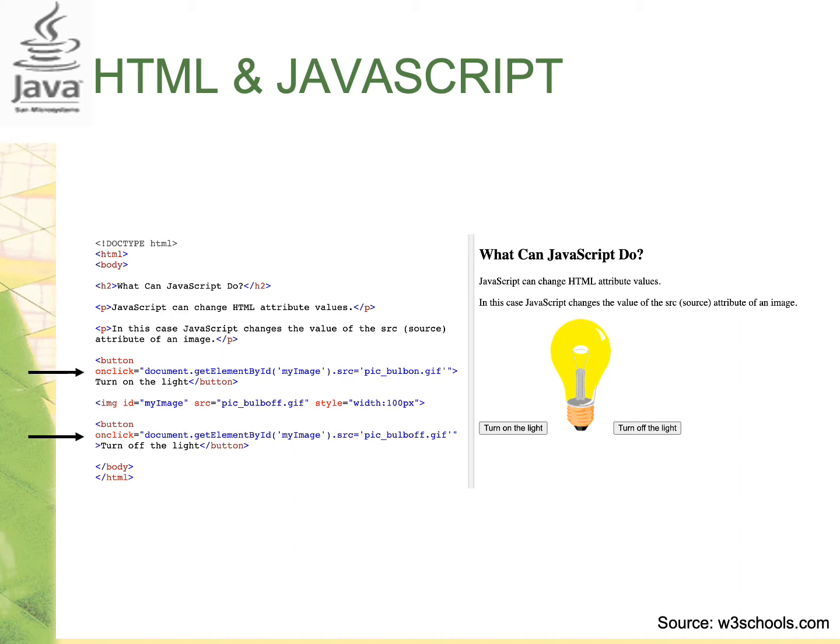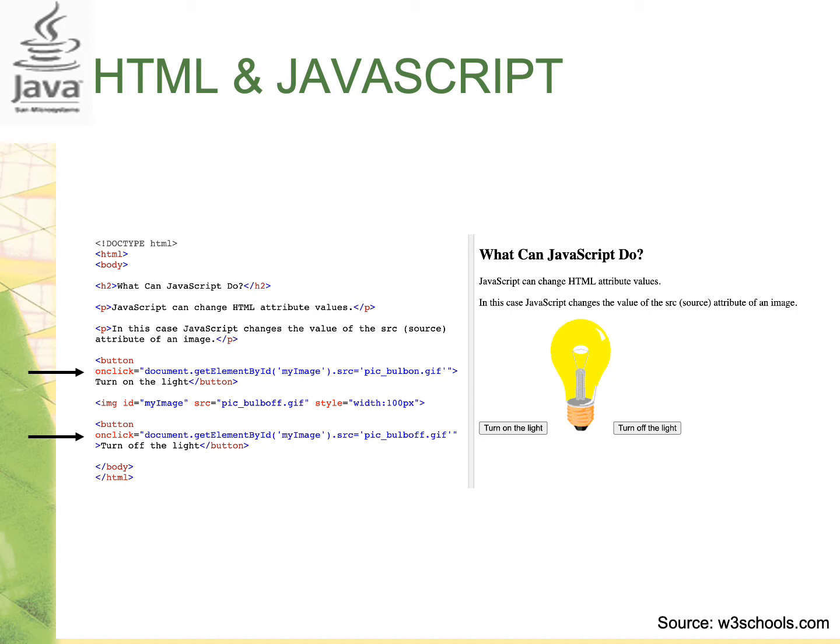The arrow that is pointed on the code is showing that if the user clicks on turn on the light, the picture that will be called is pic_bulbon.gif. If the user clicks on turn off the light, then the image that it will call is pic_bulboff.gif.